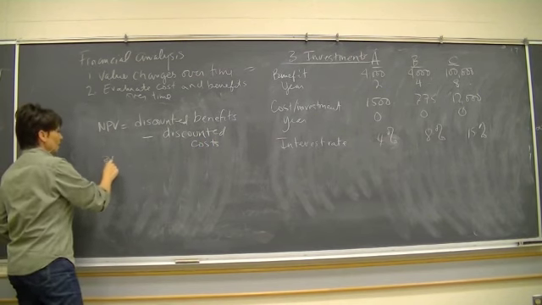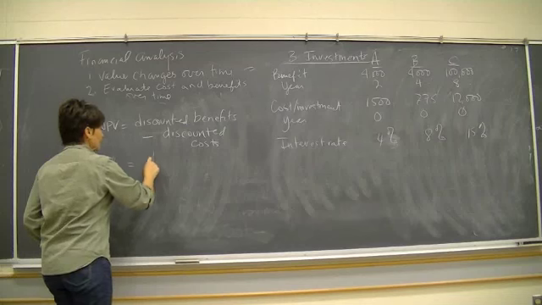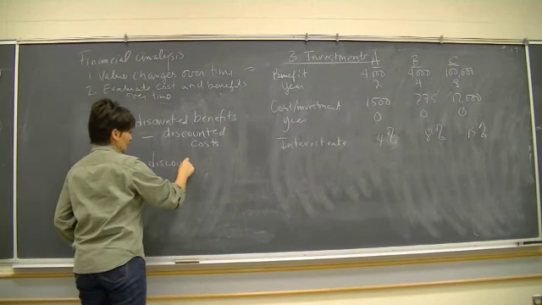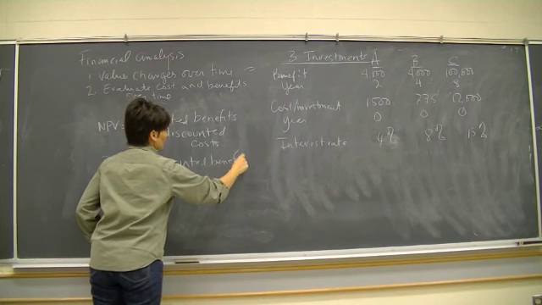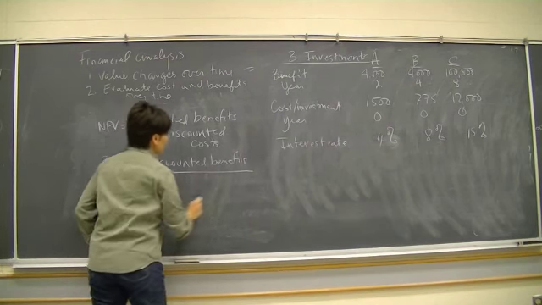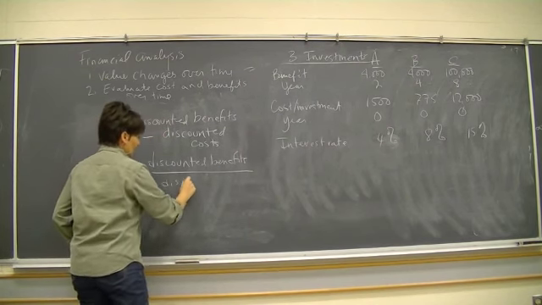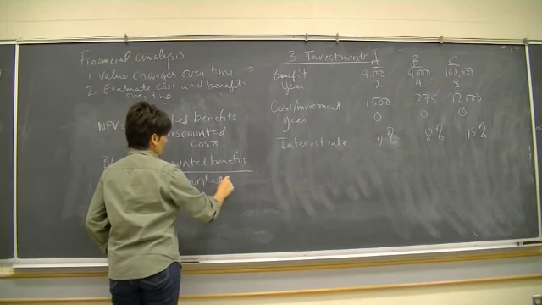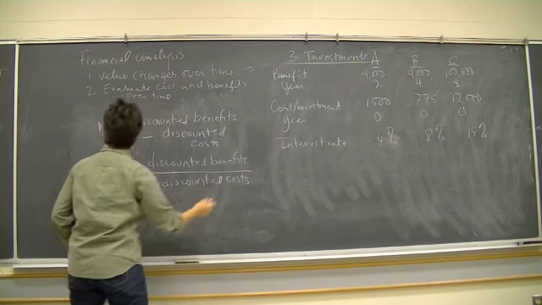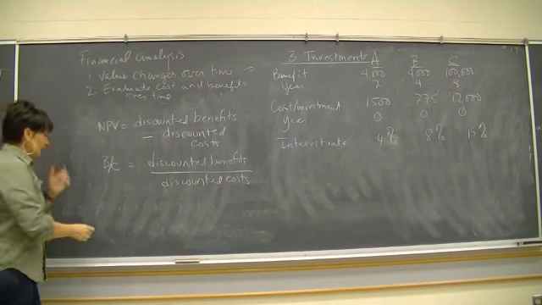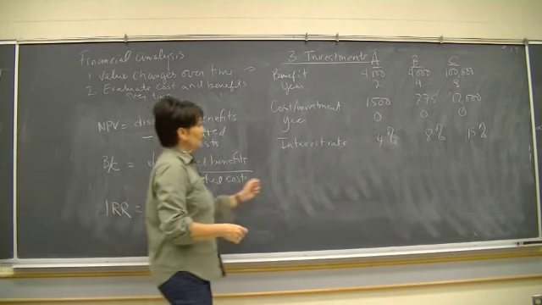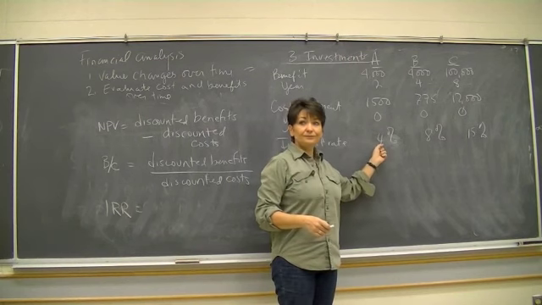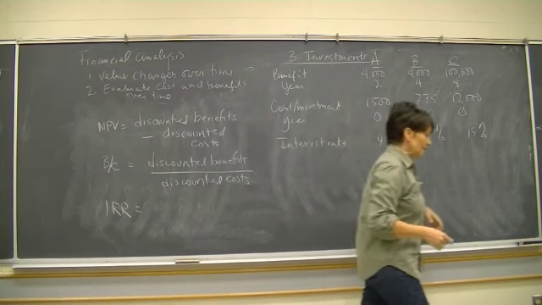For the benefit cost ratio, it's the discounted benefits divided by the discounted costs. And for the internal rate of return, you actually need to calculate this interest rate, because we want to see what the value is going to be.